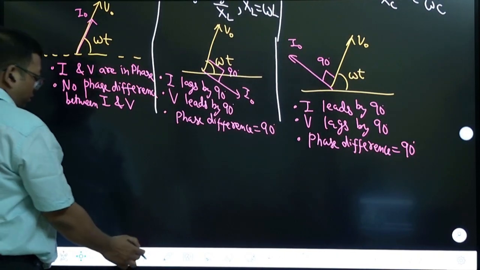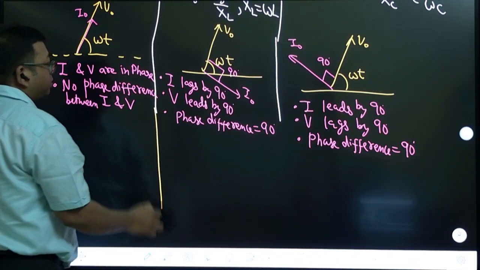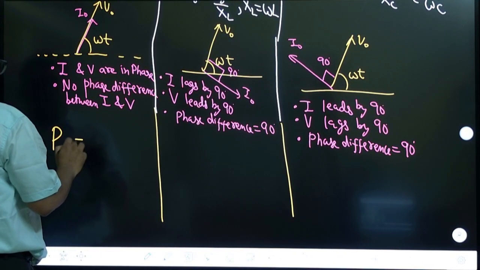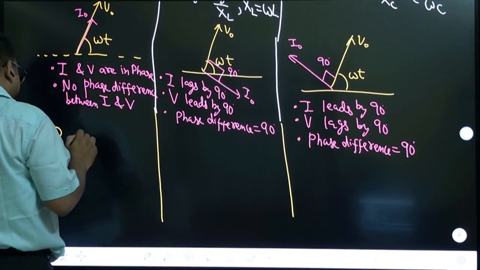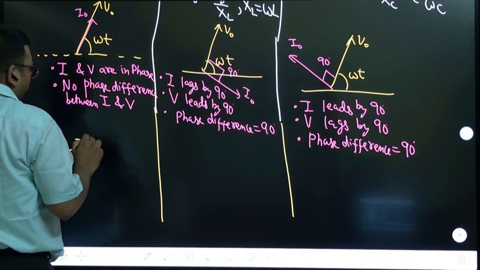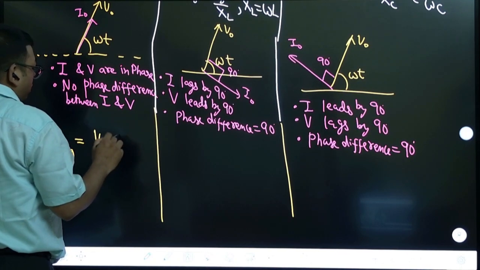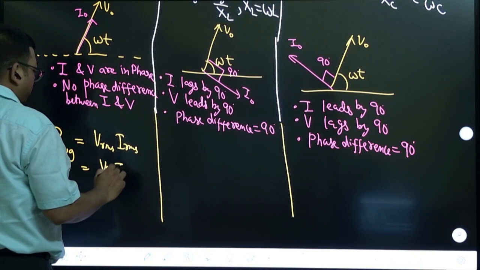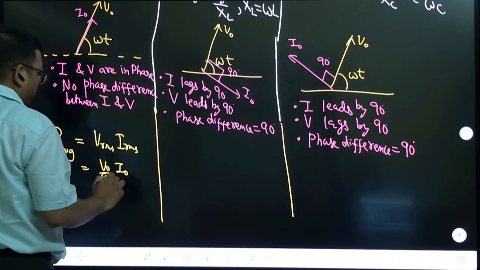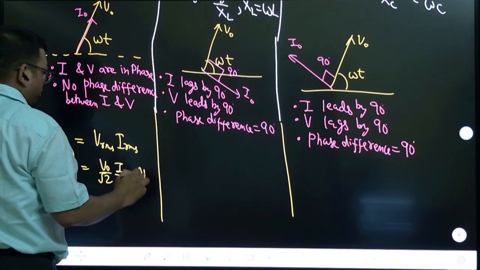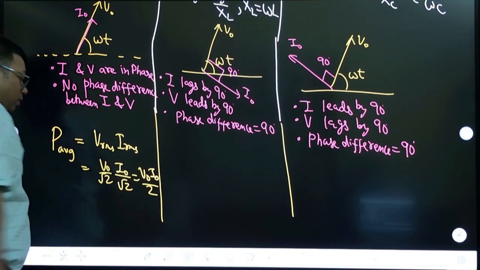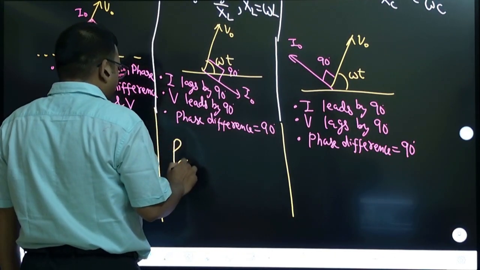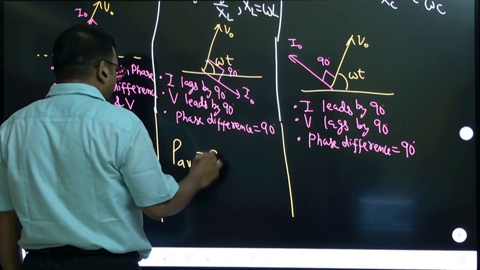Then next we will write the power formula. Average power is equal to Vrms times Irms, or V naught by root 2 times I naught by root 2, so that becomes V naught I naught by 2. Next, in the inductive case, average power is going to be 0.